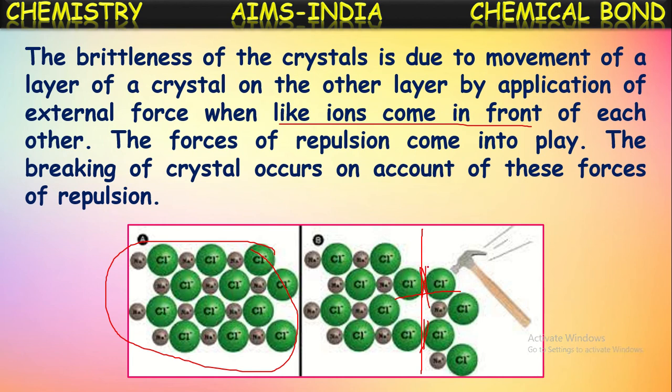They become separated, and hence the ionic solid will be broken. So when ionic crystals fall down, or when we beat them with an object, they break into small pieces because of this reason. This property of ionic compounds is called brittleness. That's why we say ionic compounds are hard solids but brittle in nature.